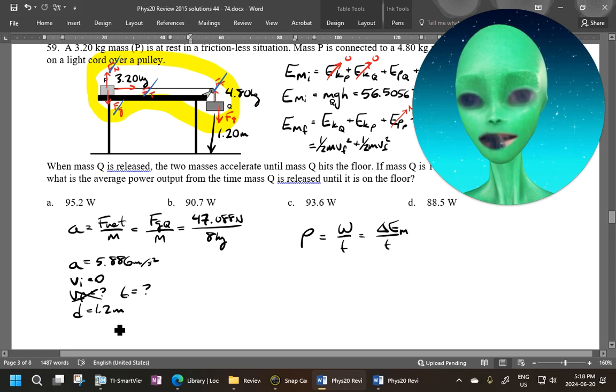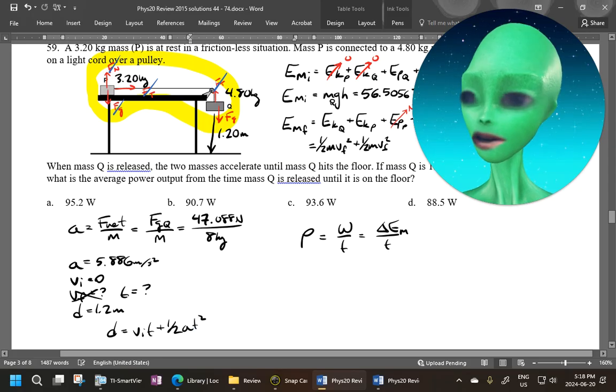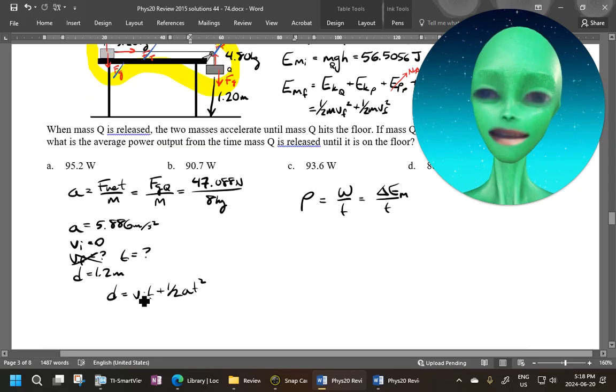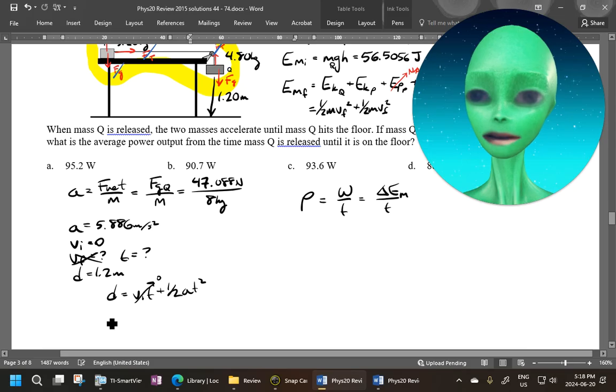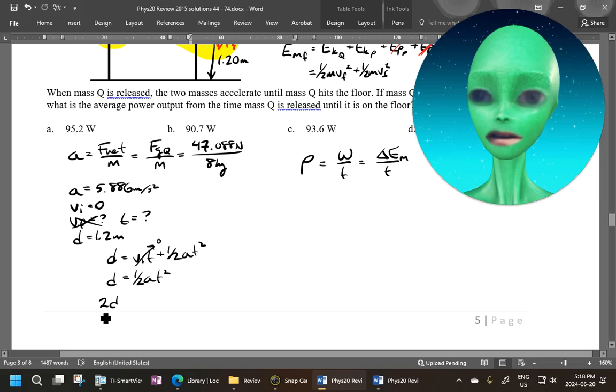So what formula do we use to find time? That's going to be d is equal to VIT plus 1/2 AT squared. These are hard questions. VI is 0. So d is equal to 1/2 AT squared. Times by 2, divide by a, take that square root.